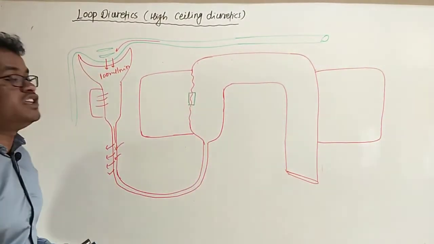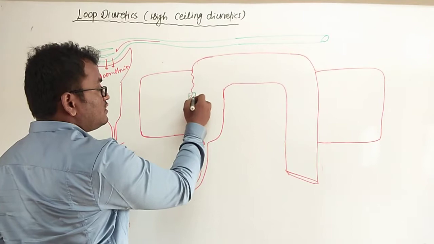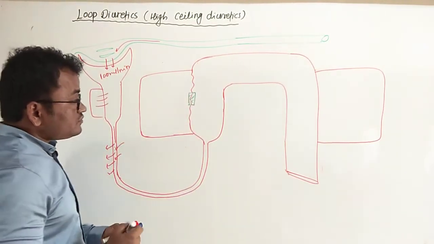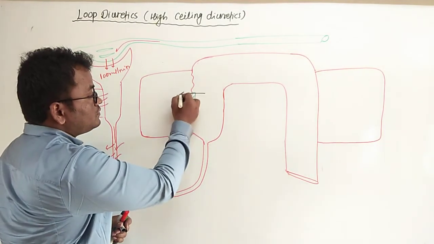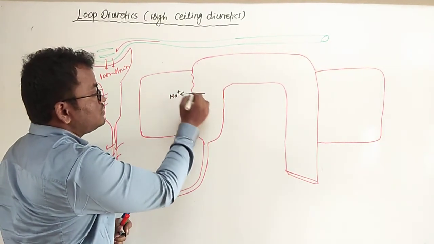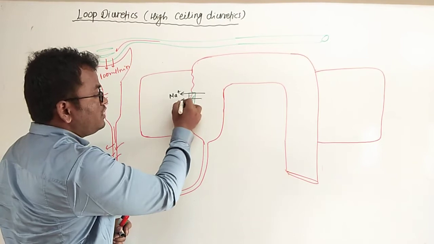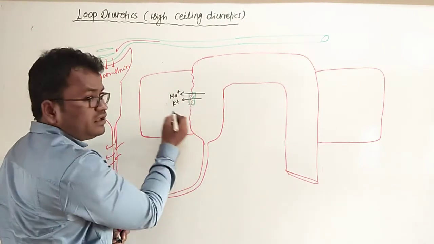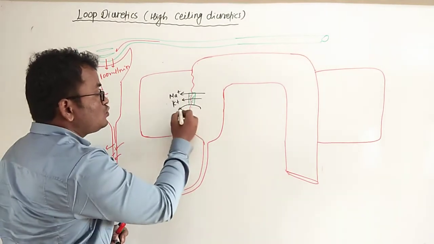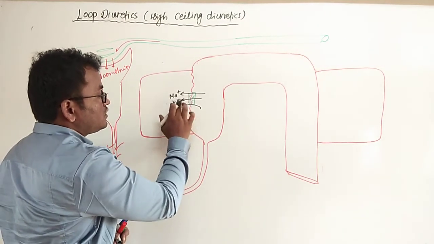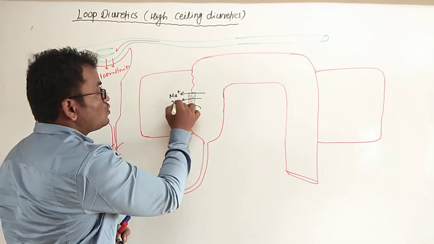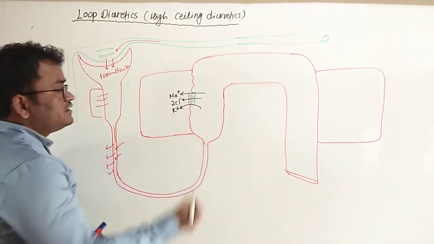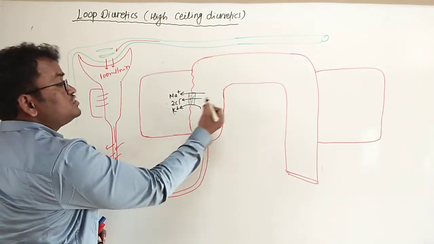This special transporter takes up sodium, potassium, 2 chloride. So what is the function of this transporter? It takes sodium, next one potassium, and two chlorides from the filtrate into the cells. Okay, this is the symport.